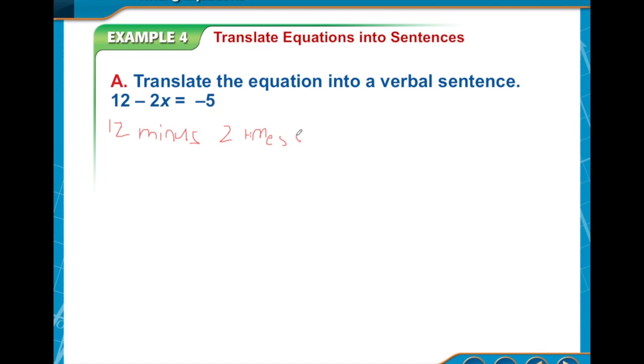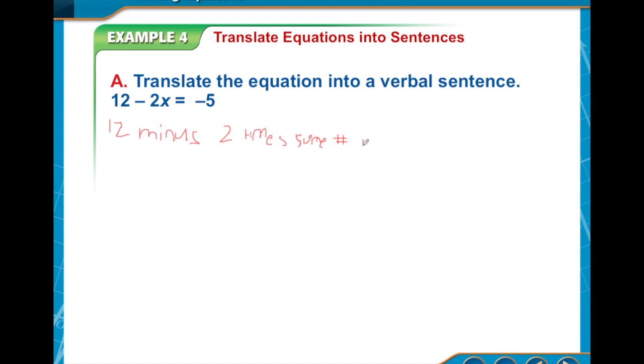we could say x, or we could say some number. I'll say some, and I'll use the pound sign to mean number. So some number. 12 minus 2 times some number. We see an equal sign here, so I could say equals, or I could say is.